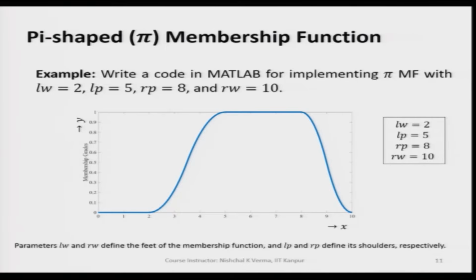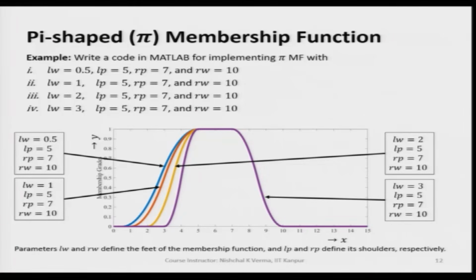As I mentioned, the Lw, Lp, Rp, Rw values, and I had already explained these parameters: Lw and Rw define the feet. Lw defines the left foot, Rw defines the right foot, whereas Lp defines the left shoulder and Rp defines the right shoulder.